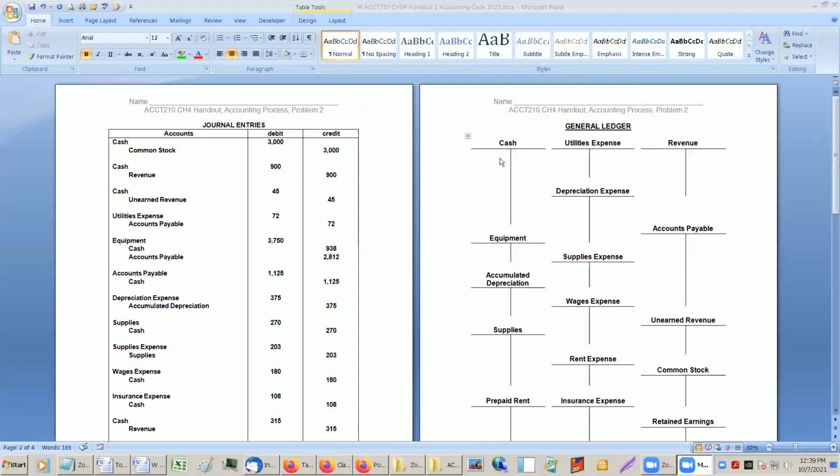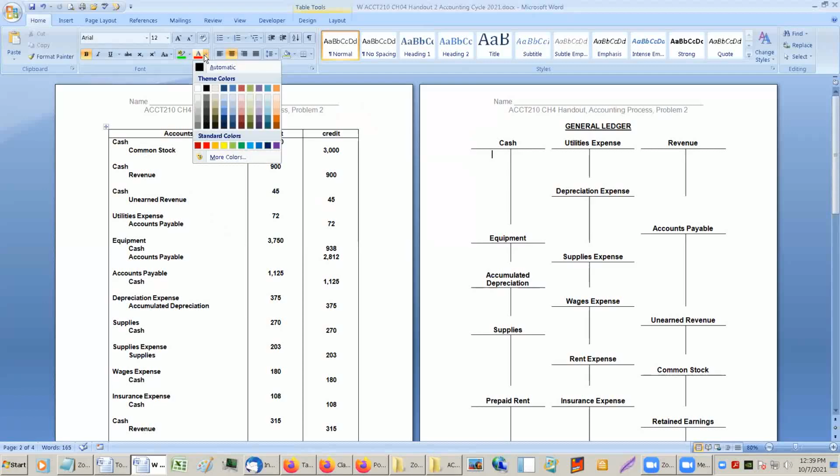Okay, share my screen. Okay, so here we have the general ledger. Okay, I'll just go through.